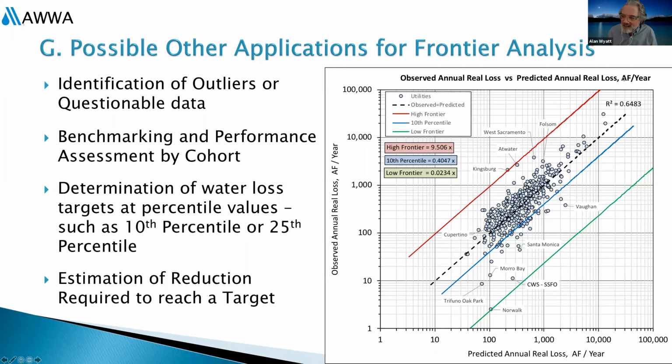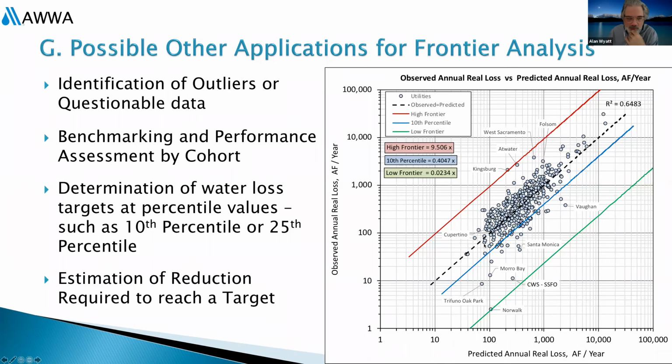This is in acre feet per year. But you see all these utilities down here and a very broad range. So I would want to check what's going on with these places. Are they accurate audits? I would guess they're not. So outliers or questionable data could be identified that way.